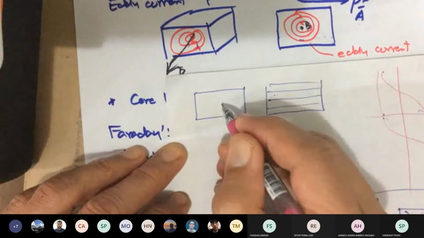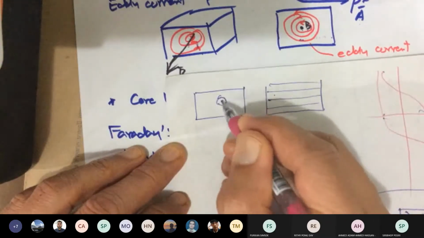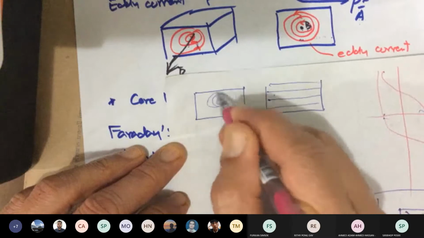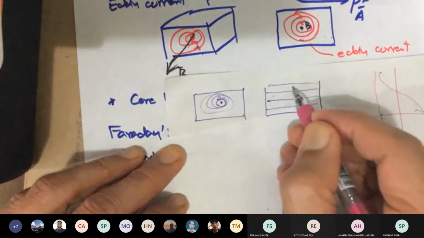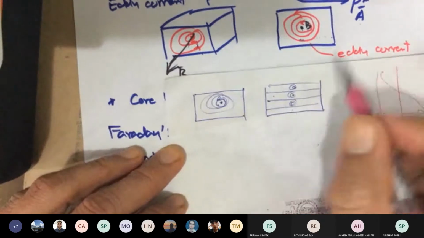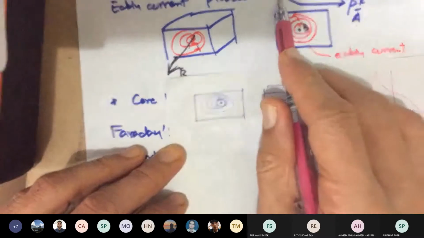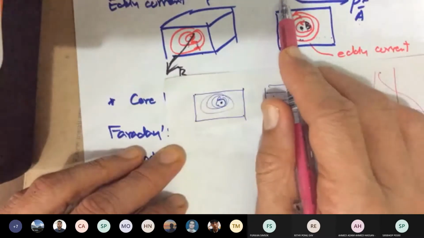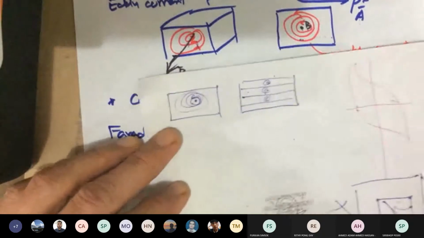So if my magnetic field is coming out here, my path is going to be pretty long. See? The whole path. Here, my path is going to be very short. This will reduce my resistance in the core, hence reduce the eddy current losses. See? That's how lamination works.